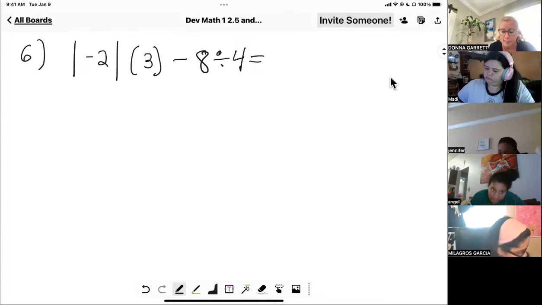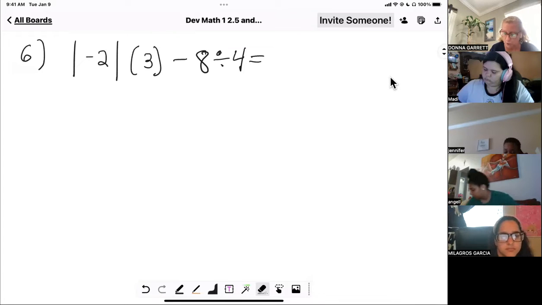This is already simplified. It is in parentheses, but it's already simplified. But the absolute value is not simplified because we have the absolute value of -2, and the absolute value of -2 is just +2. The absolute value makes everything inside of it positive, so we're going to do that first. That's our parentheses.